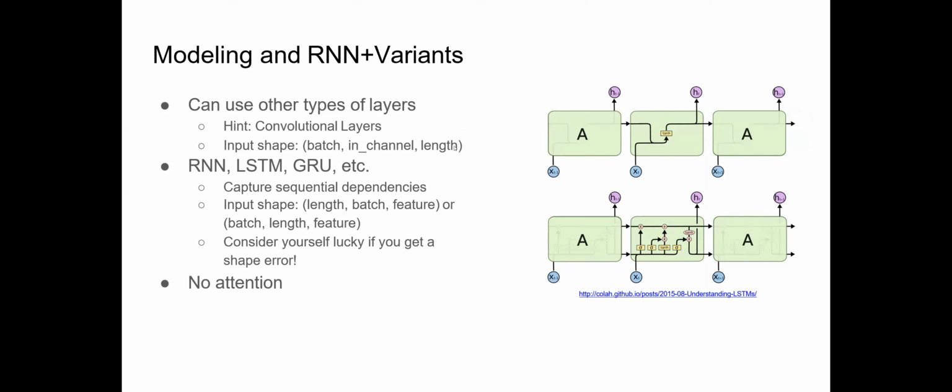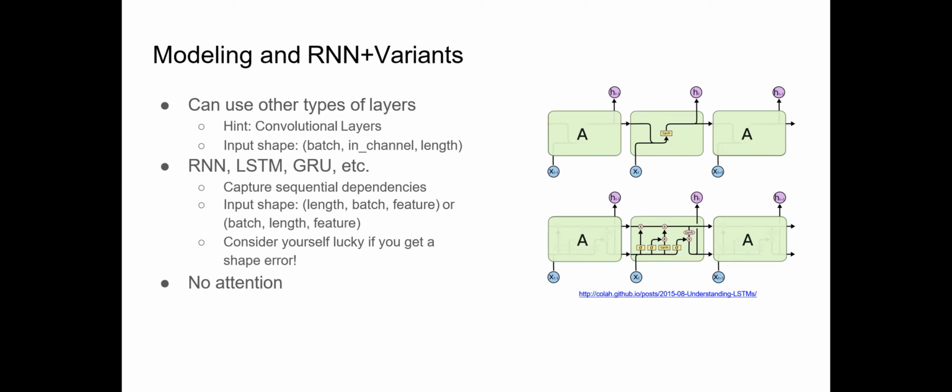So we have gone through RNN, then LSTMs, the GRU. What you can use in this homework is whatever you have been learning up until now. The main thing is we need to capture sequential dependencies.